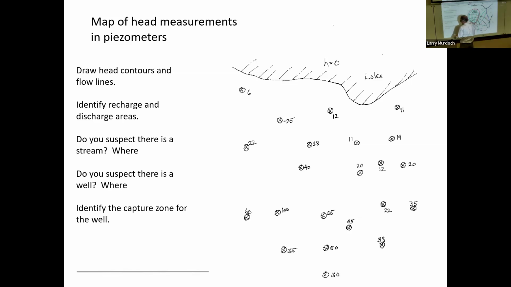We said this is 0 and then maybe it's 5 here. So there's going to be like a ridge right in here that's not really showing up in the contours. And that ridge will be a local divide. So let me just redraw this a little bit.